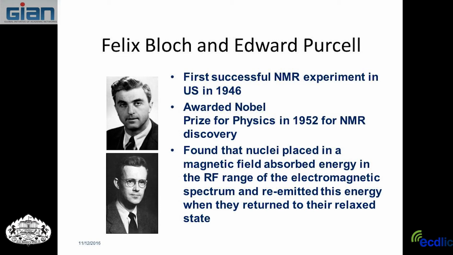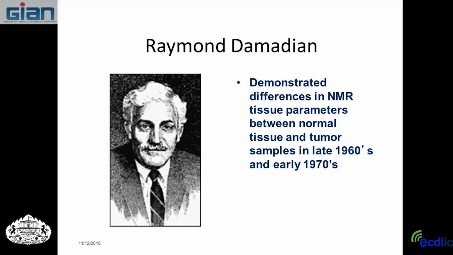They found that nuclei placed in a magnetic field absorbed energy in the RF, radio frequency, range of the electromagnetic spectrum, and re-emitted this energy when they return to their relaxed state. So you can put energy into atoms, and they found that you can also receive energy back from them. So this was sort of the birth of the idea of nuclear magnetic resonance. I'll explain more about it.